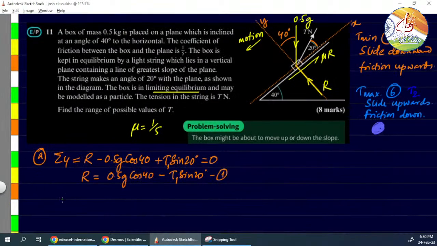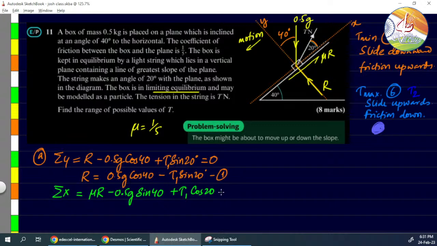Next, let us go with sigma x. All the x components we need to take. So mu times R is in the positive x direction, then 0.5 g sin 40 is in the negative x direction, so minus. Then T1 cos 20 is in the positive x direction, so plus.